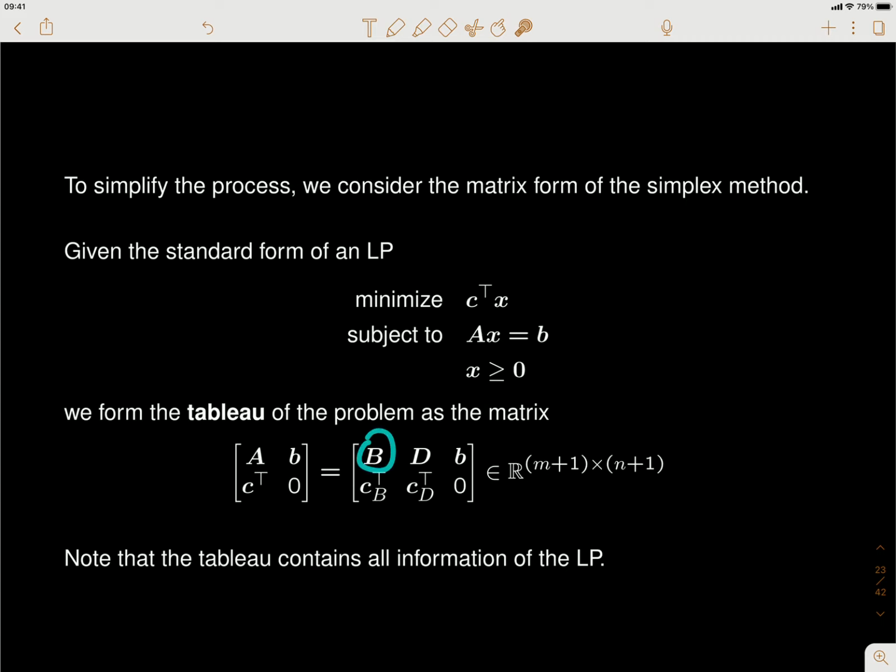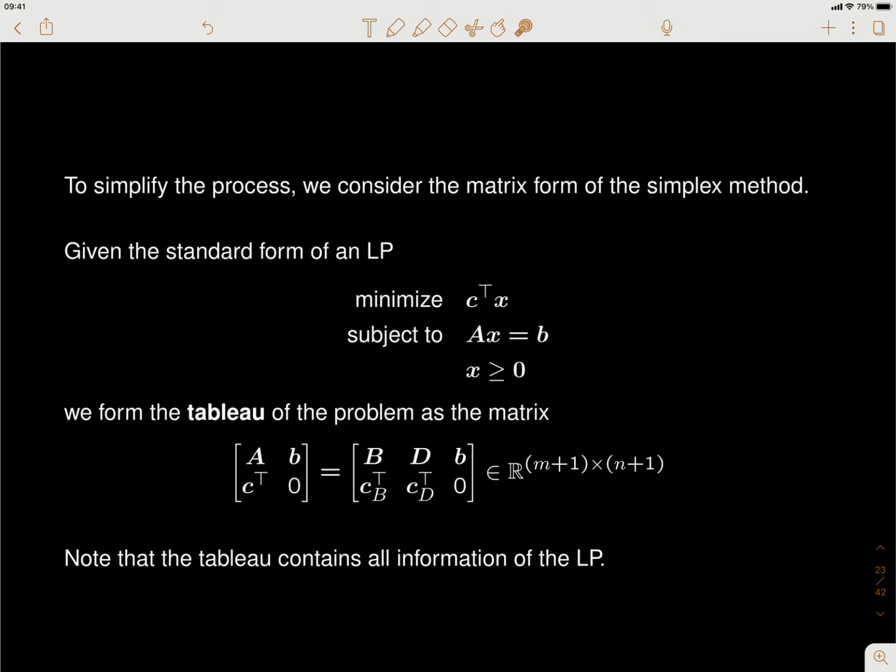So now B is an m by m square matrix, D is an m by n minus m, potentially rectangular matrix, and these will be an m-dimensional vector and an n minus m dimensional vector.